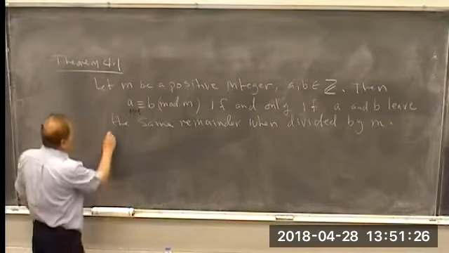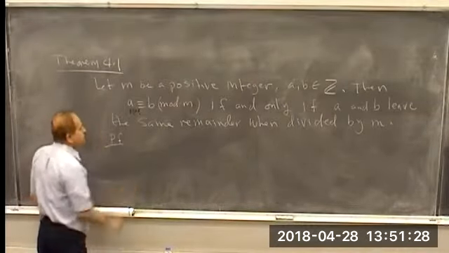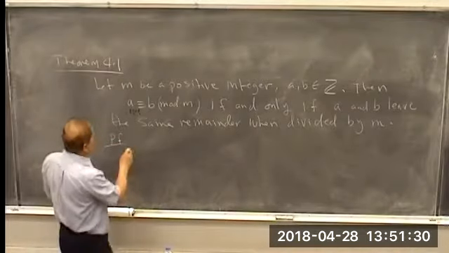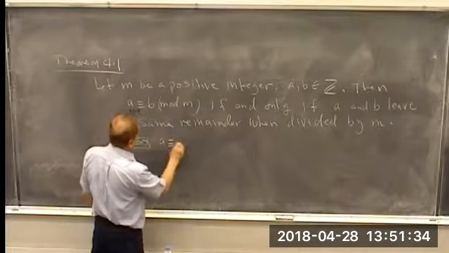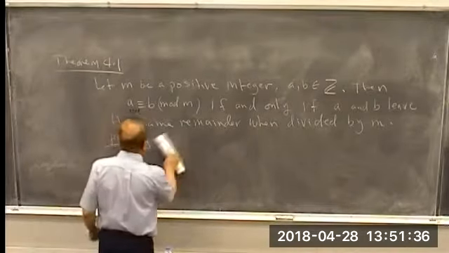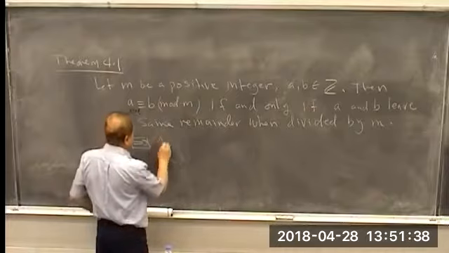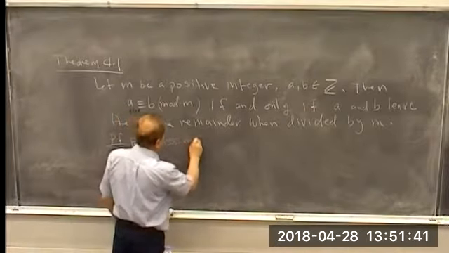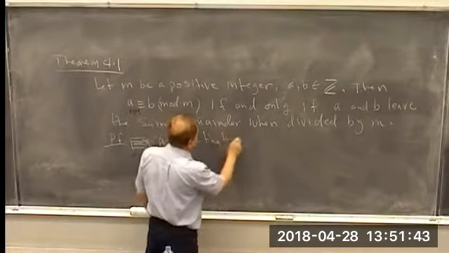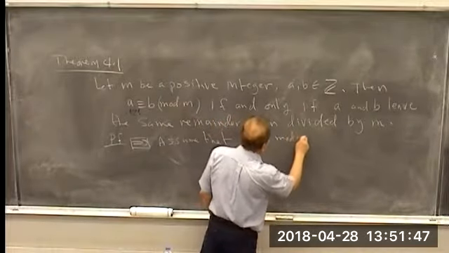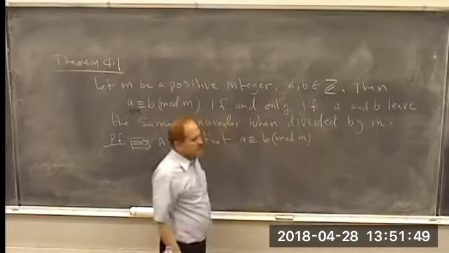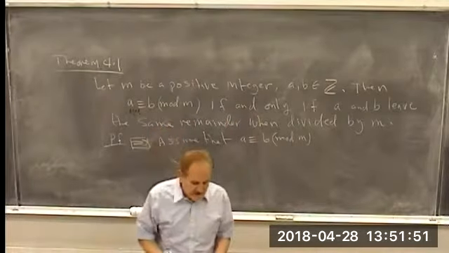All right, let's go with the proof in here. Let's assume that A is congruent to B mod M. I would like to show that they leave the same remainder.